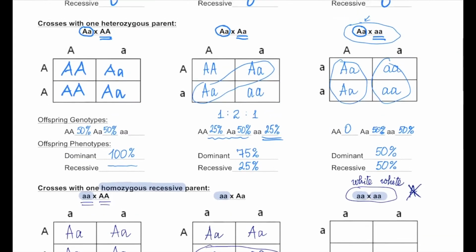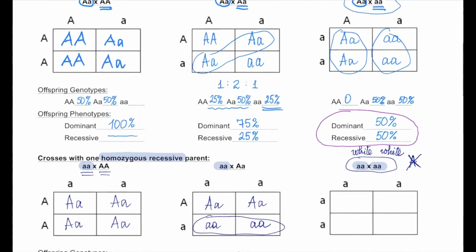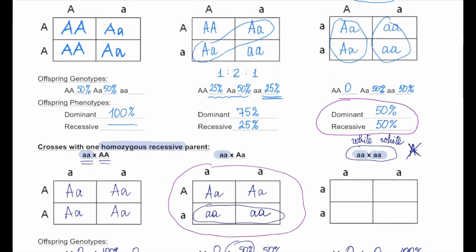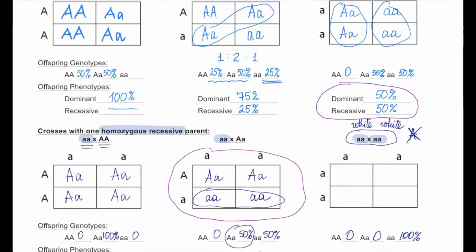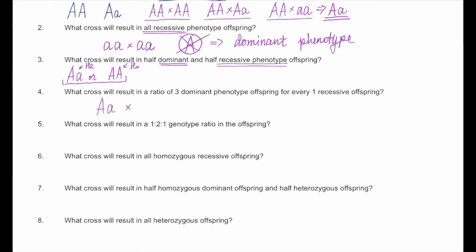These guys were 50-50. Here's a 50-50, and here's another 50-50, which technically is the same thing. We cross one homozygous recessive and the other one is heterozygous. Aa crossed with a homozygous recessive. So that's our answer.